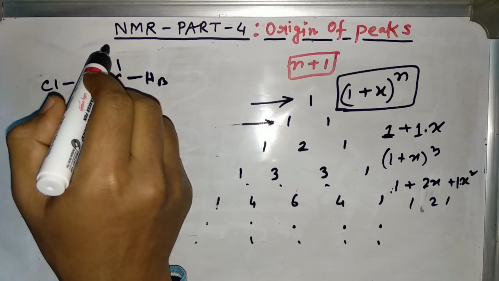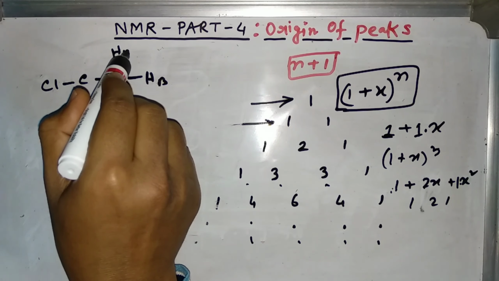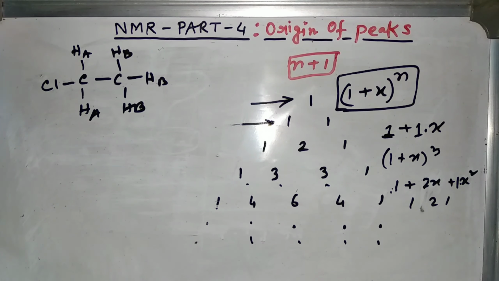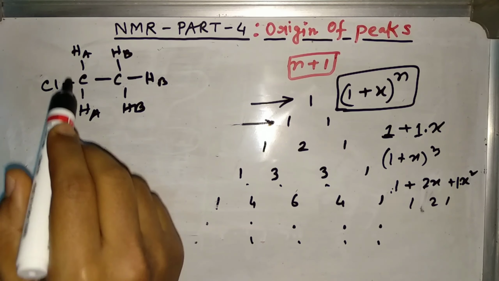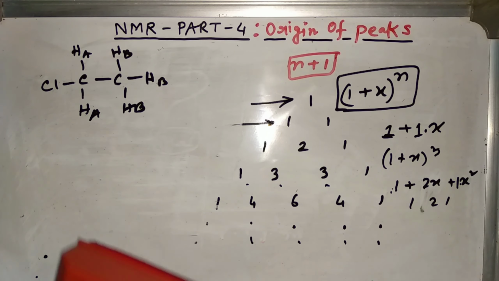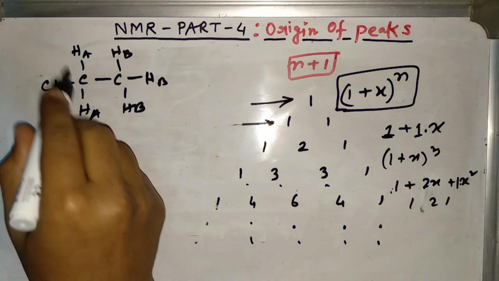I am marking HA and HB because all the HA's are chemically equivalent, and all the HB's are chemically equivalent. So there are two HA's over here.